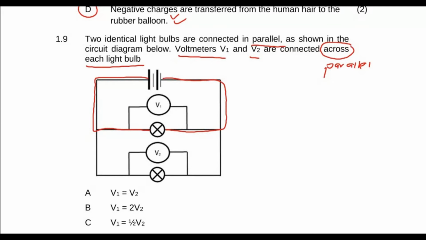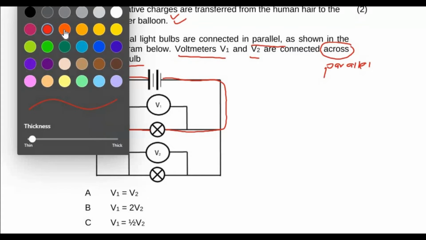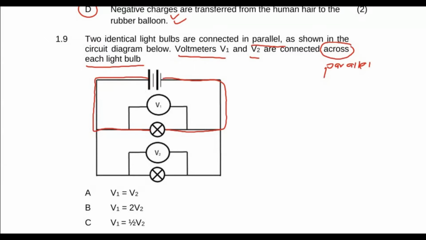But we can also have a separate branch in orange that now connects light bulb 2. So these two light bulbs are on separate branches. That's why we say they are connected in parallel.